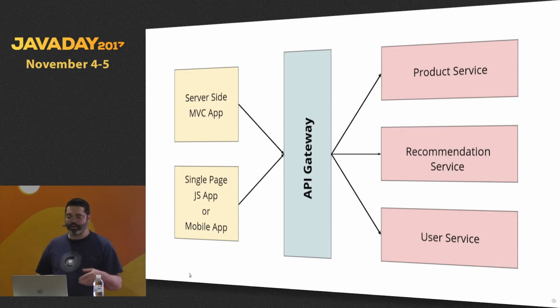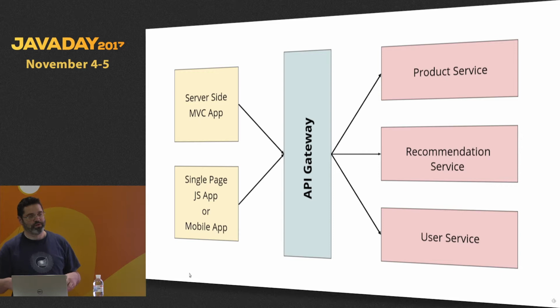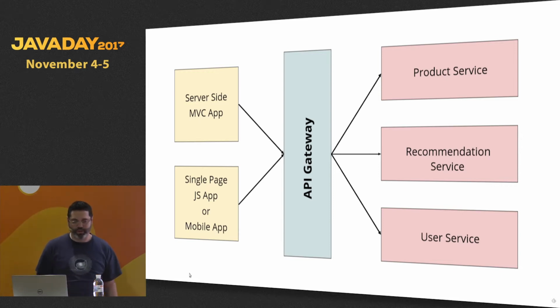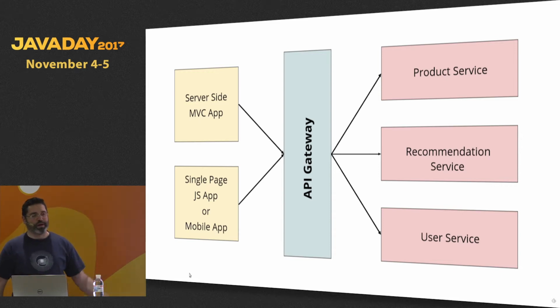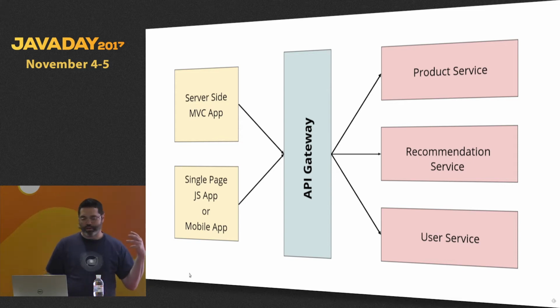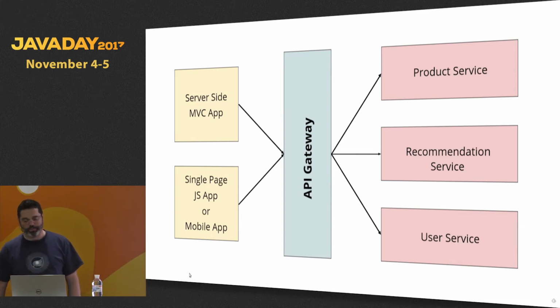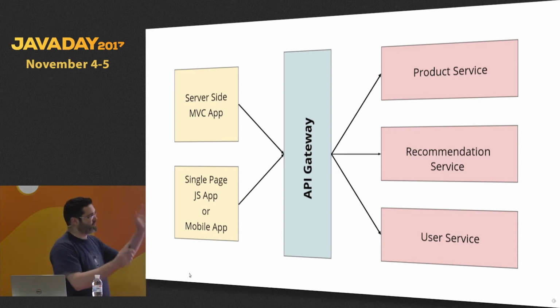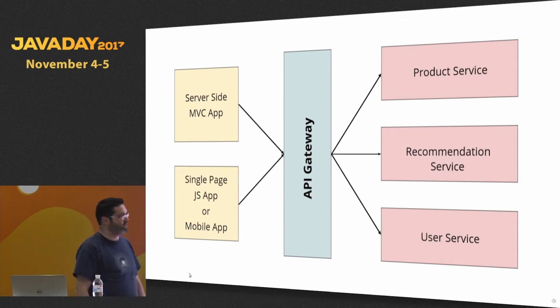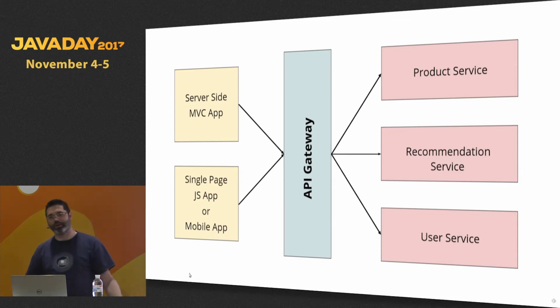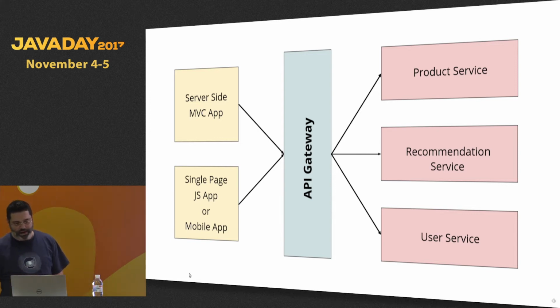It is the single entry point for your clients, whether those are a server-side MVC app, a single-page JavaScript application, or a mobile app, right? They would all go through an API gateway. And you have all these microservices deployed behind an API gateway, and it knows how to connect to each one and all the instances that are deployed behind it.